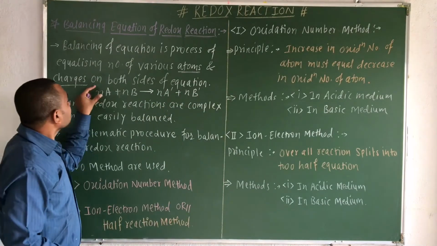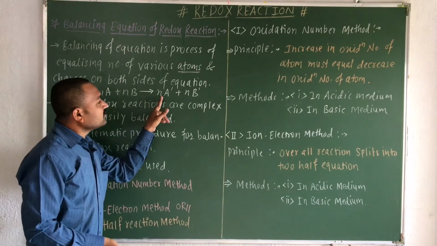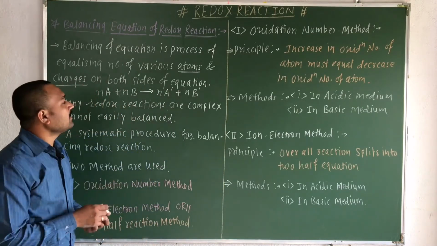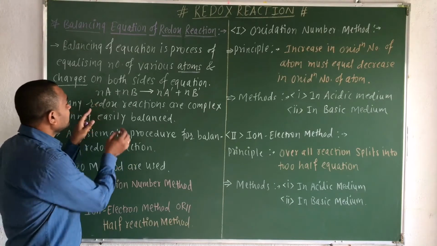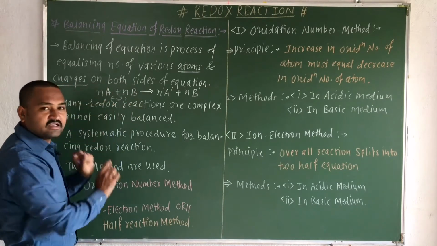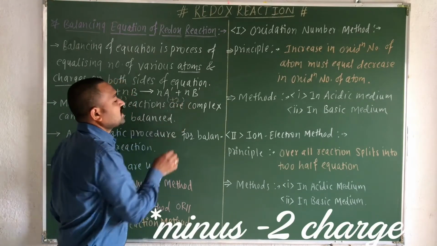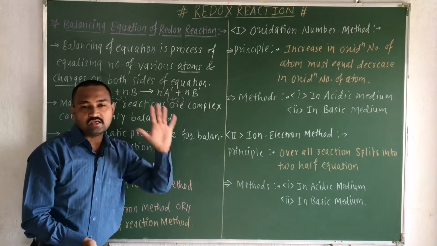N is the number of atoms, so this N must be equal to this one and this N must be equal to this one. And if I consider the charges on the left hand side, if the overall charge on the left hand side is -2, then here there must be a +2 charge. So overall the charges must be equal.